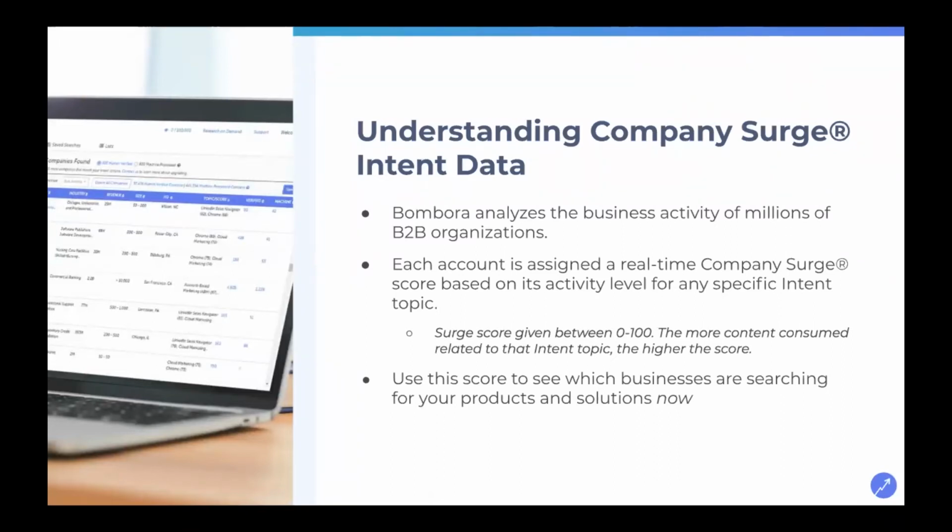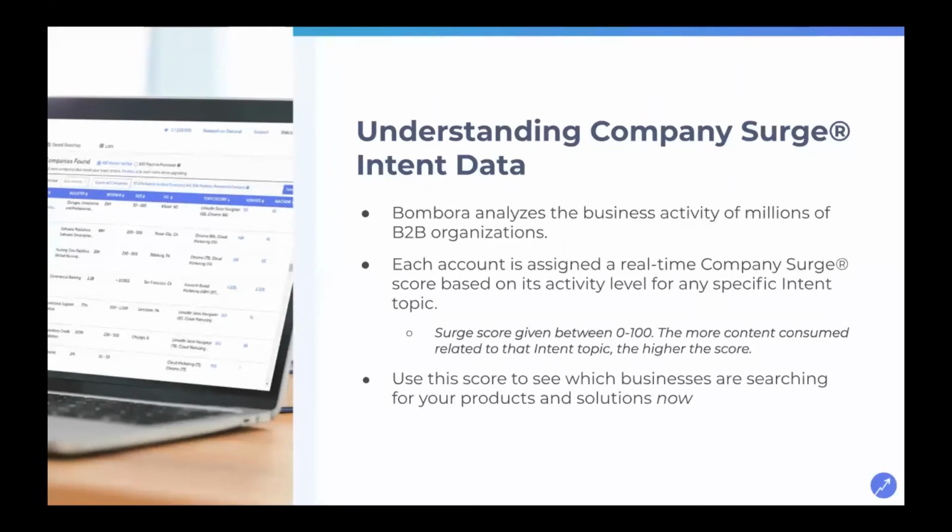The surge score that you'll see is between 0 and 100. And the more content consumed related to that topic, and the more confident Bombora is that a company is reviewing that topic, the higher that score will be.